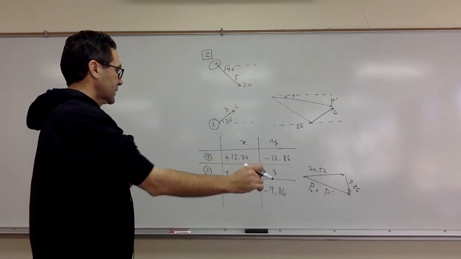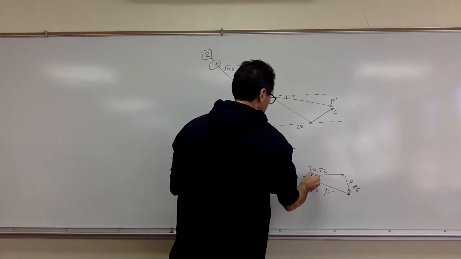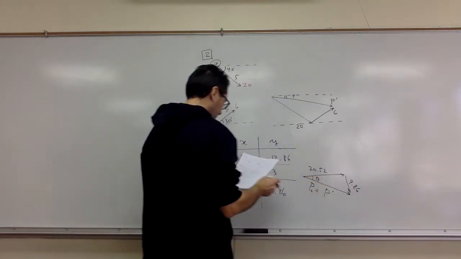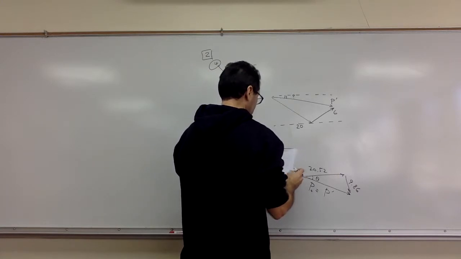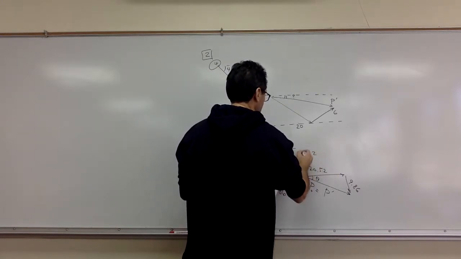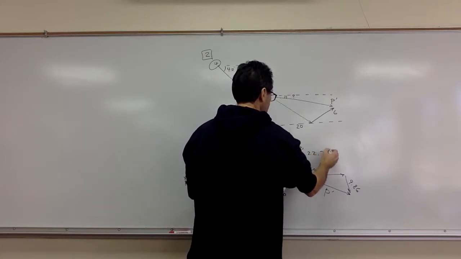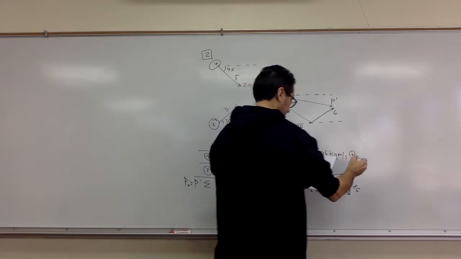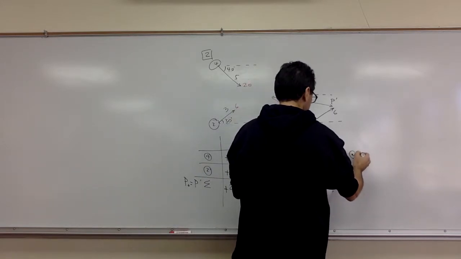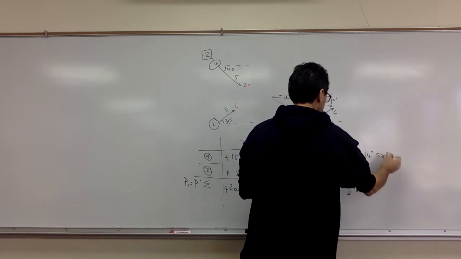Now if you do a little bit of trig, you should get P prime equals 22.76 kilograms meters per second at an angle of about 14 degrees south of east.